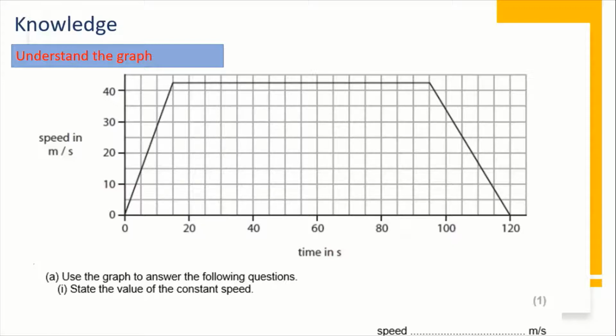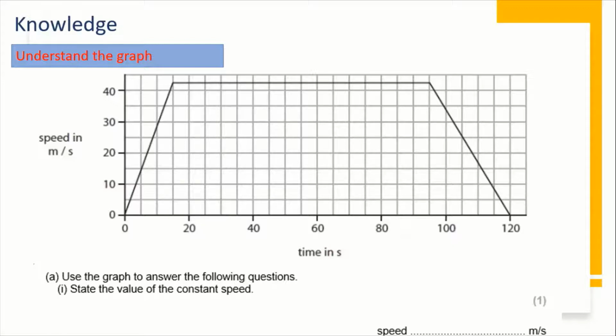When it comes to any graph, the first thing that you need to understand is what is represented by the two axes. The horizontal axis here represents time, in units of seconds, and the vertical axis represents speed in meters per second. The units are also important, not only the quantities.